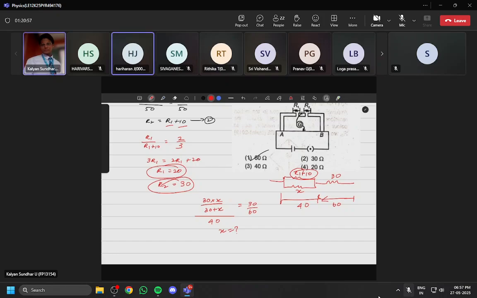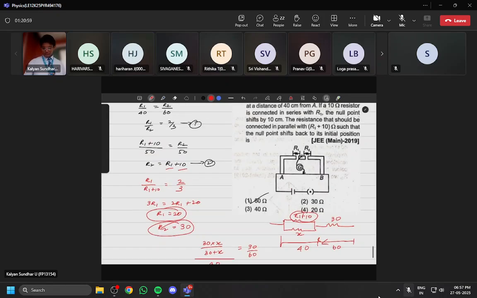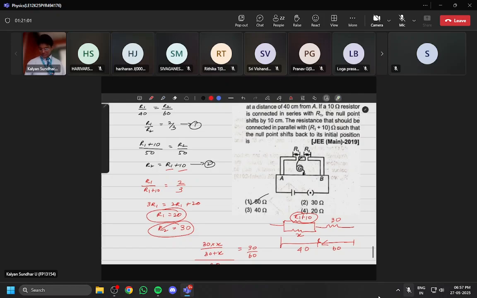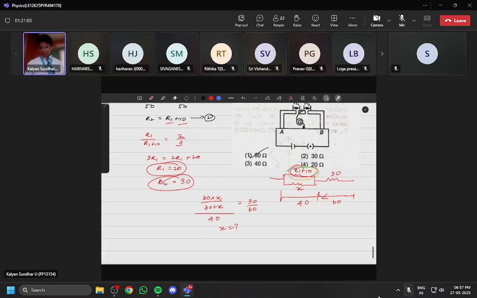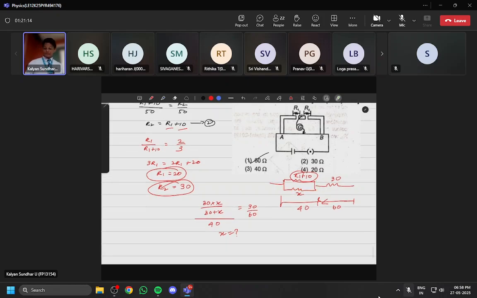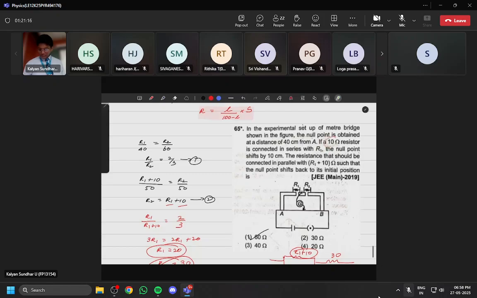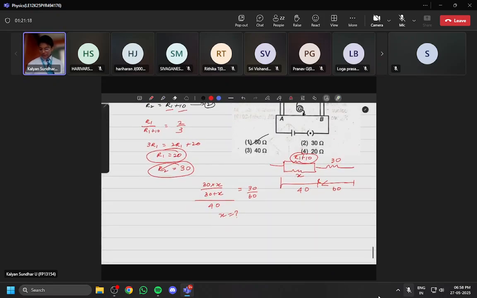Tell us once more from that diagram, sir. R1 plus 10 is already there below, okay? When R1 plus 10 is there, it shifts by 50 centimeter. I want to make some resistance parallel with this so that it shifts back. What was given initially? 40 centimeter, correct? So when I put a resistance in parallel, it has to shift back to 40.